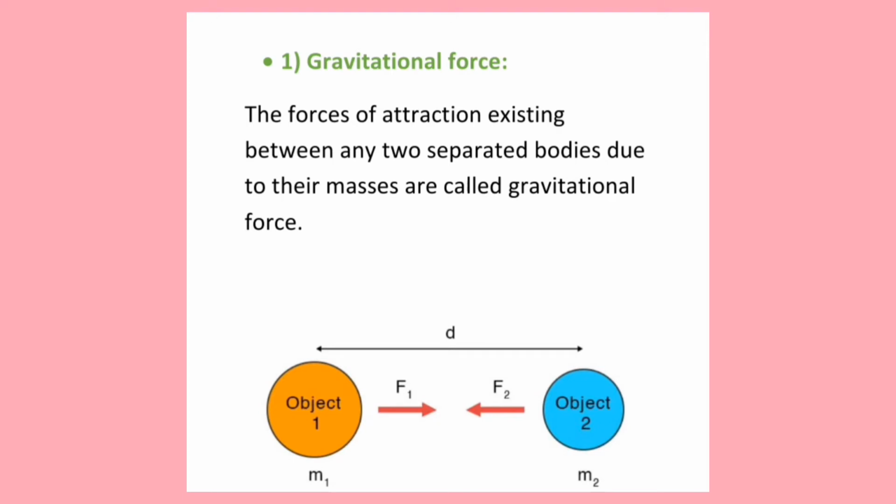First, gravitational force. The force of attraction existing between any two separated bodies due to their masses is called gravitational force. So, according to the statement, here we deal with the masses of the two bodies and the distance separating them. The distance between them plays a major role in deriving the formula for gravitational force.